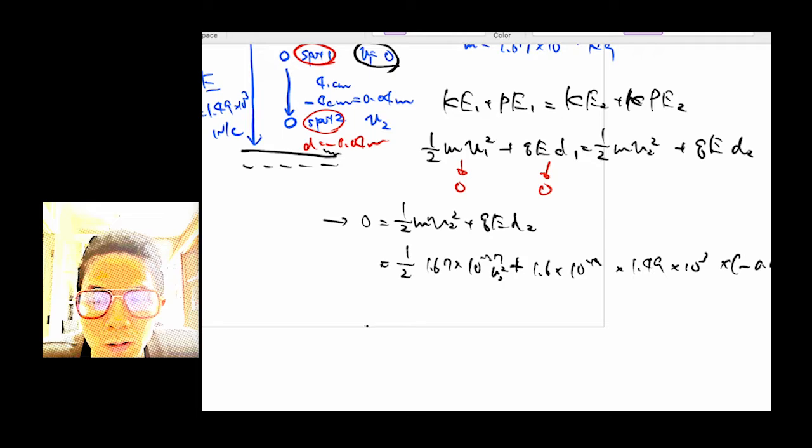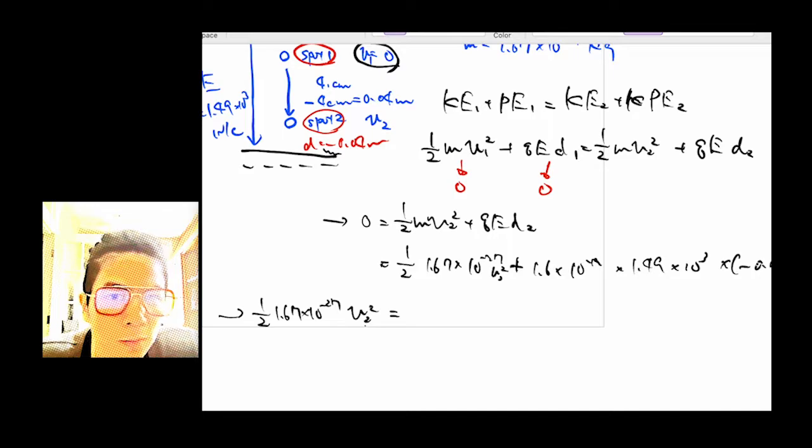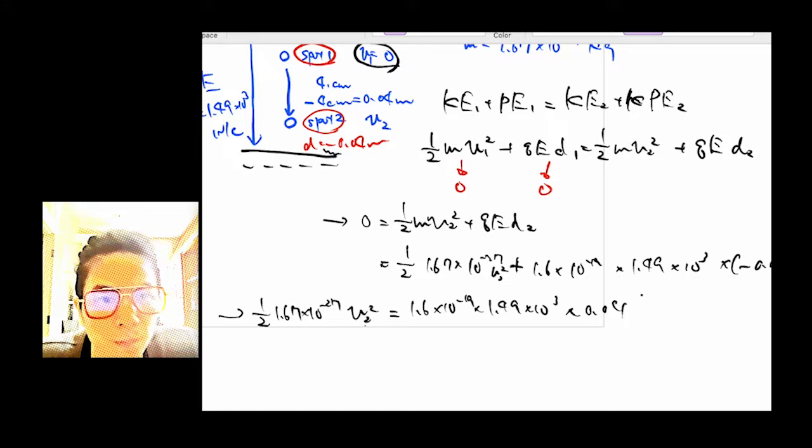So in this case you can write half of 1.67 multiplied by 10 to the negative 27th v2 squared equals, since this negative is going to be cancelled out and turn into positive, 1.6 multiplied by 10 to the negative 19th multiplied by 1.49 multiplied by 10 to the third multiplied by 0.04.